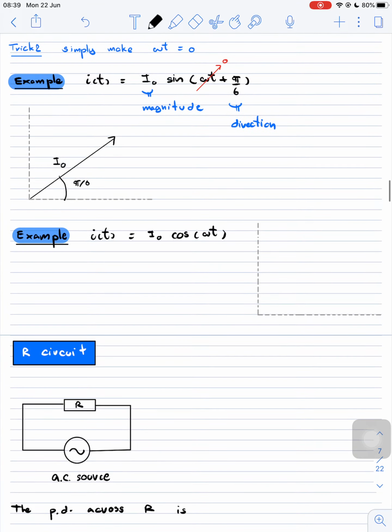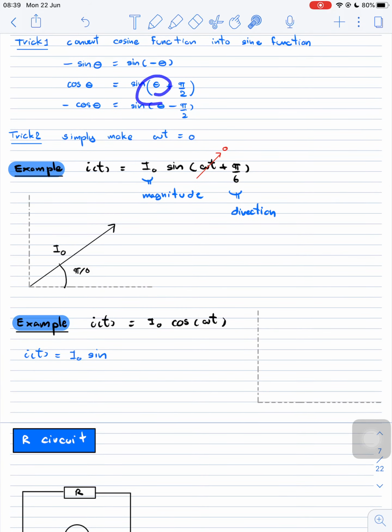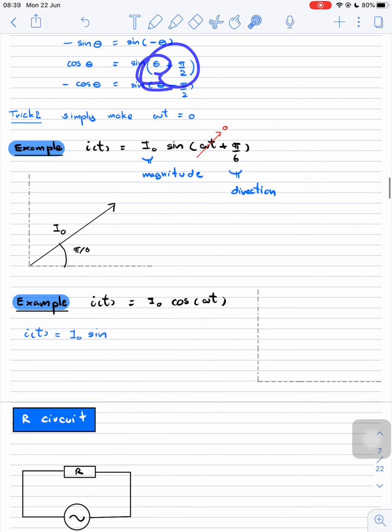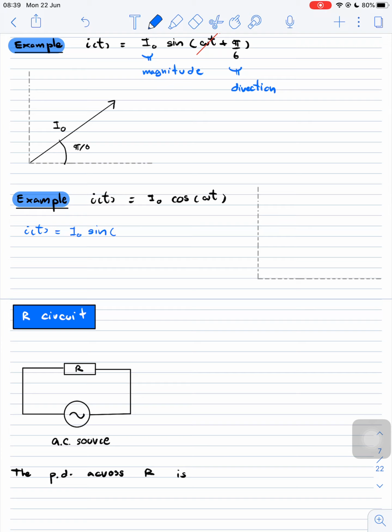Then in this case, we can just write down the I equal to I naught times the sine of theta plus pi half. So now this theta is just equal to the omega t. So we have the sine of the omega t plus the pi half here.